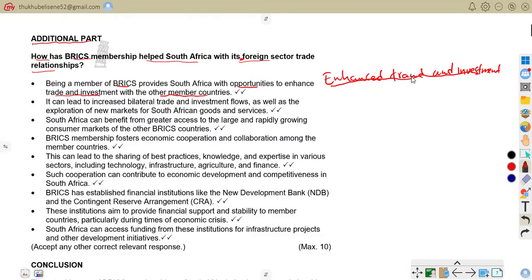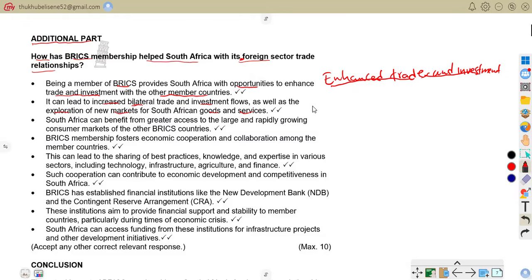That is how it enhances trade and investment. Also, it can lead to increased bilateral trade and investment flows, as well as the exploration of new markets for South African goods and services.